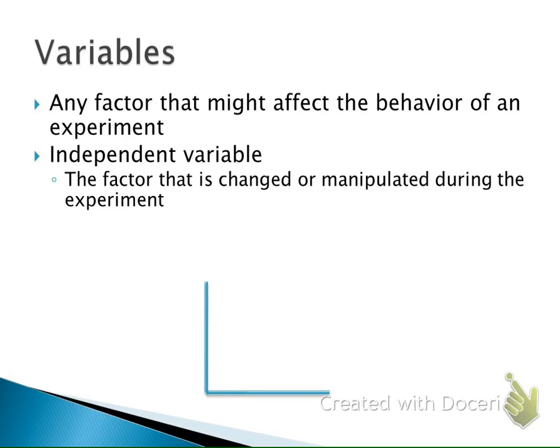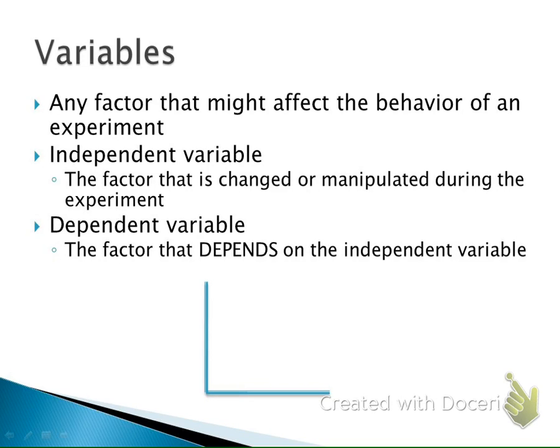You change it, you manipulate it, you have control over the independent variable in an experiment. That means the dependent variable must be something that depends on the independent variable. So the dependent variable is the one essentially that you're testing. You're trying to find out how the independent variable affects the dependent variable.